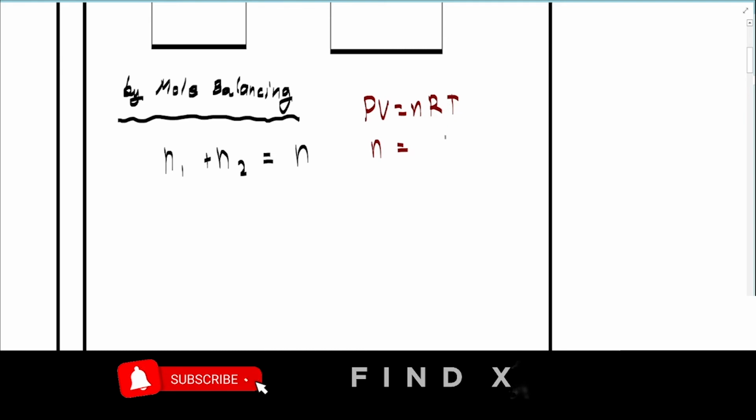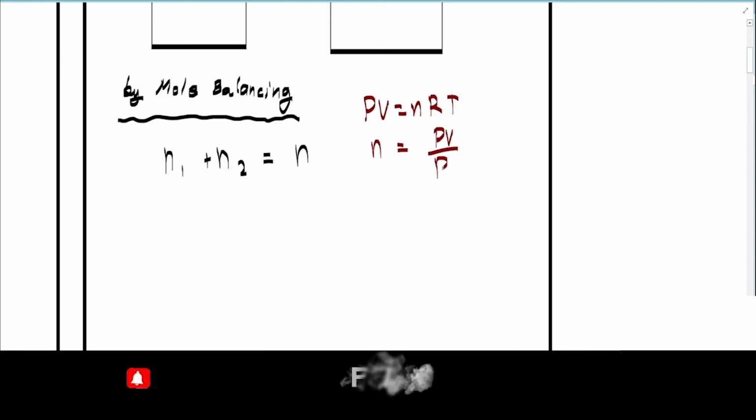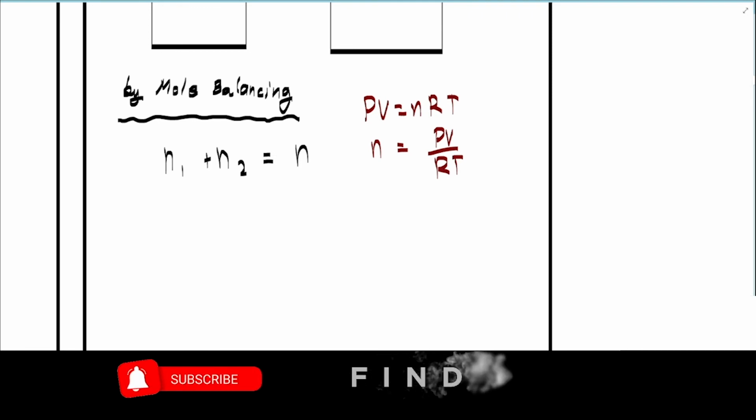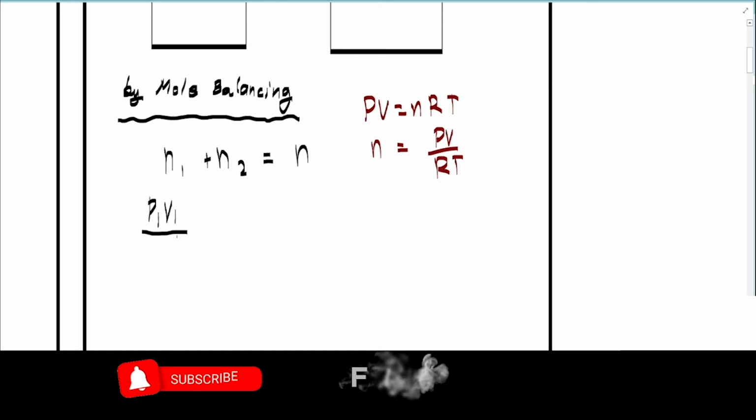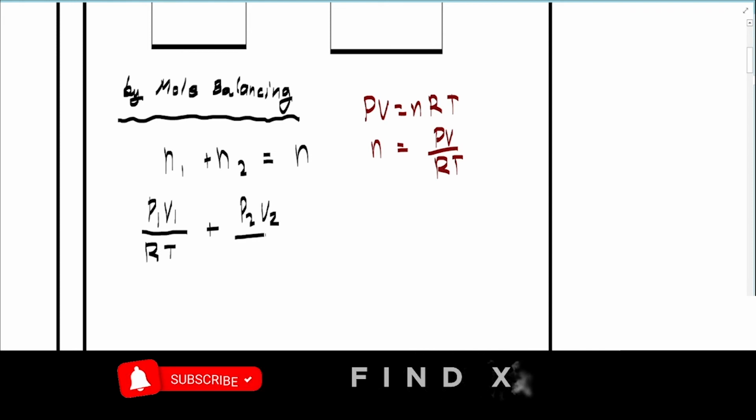So going back to the ideal gas law, we have PV is equal to nRT, right? And what is n? Okay, so we have to isolate n. So isolating it, we will have n is equal to PV all over RT. Okay, so substituting this to our equation, but of course adding the subscripts. So we have P1V1 all over RT. Of course R and T won't have any subscripts because those are constants, right? R is constant, temperature is also constant, right?